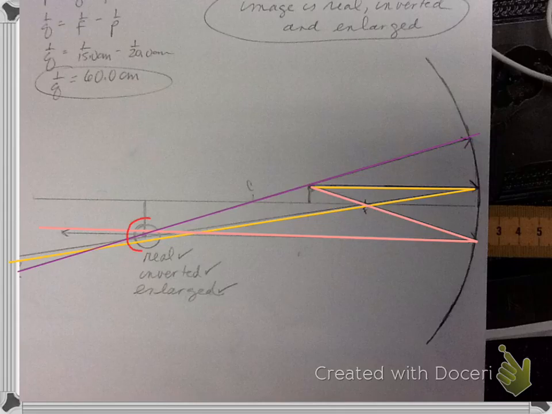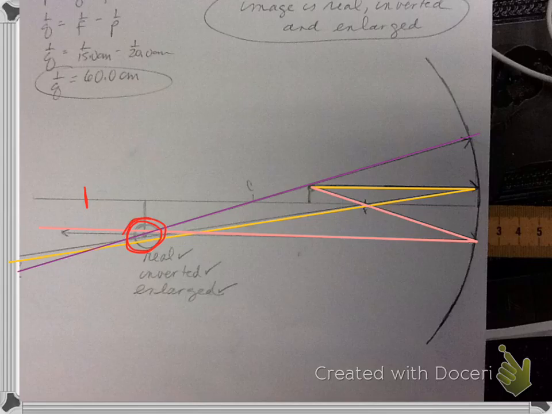They come pretty close. If your lines are making a tiny little triangle like that, I think that's okay. And once again, same thing. I had predicted my Q based on scale was going to be somewhere out here, and I'm a little under Q. That happens a lot. The ray tracing is not a way to get a perfectly mathematical idea of where an image is going to form.